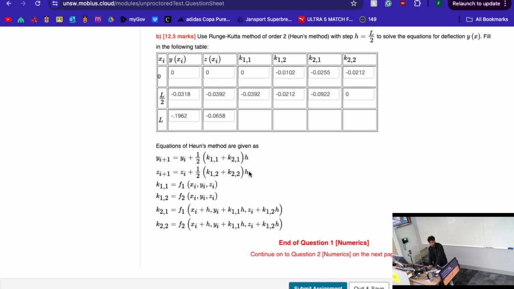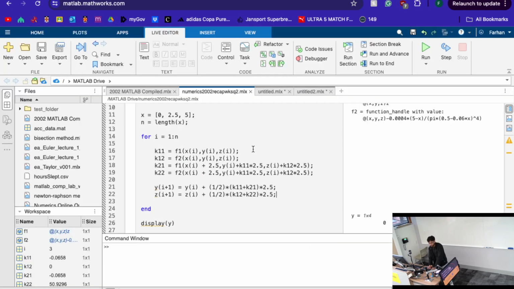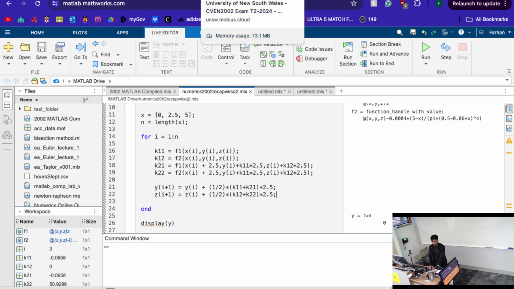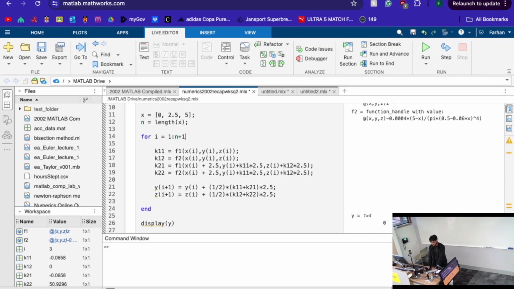Since if the first i is 0, wouldn't that be 1 in MATLAB? Is that why i goes from 1 to n? Yeah. And if it goes to n, should it be n plus 1? Where'd you get that from? In the actual formulas, it goes up to n, right? So shouldn't MATLAB be n plus 1 over here? No. If you go n plus 1, you're exceeding the maximum boundary. n is the very last one. n plus 1, you'd go over.